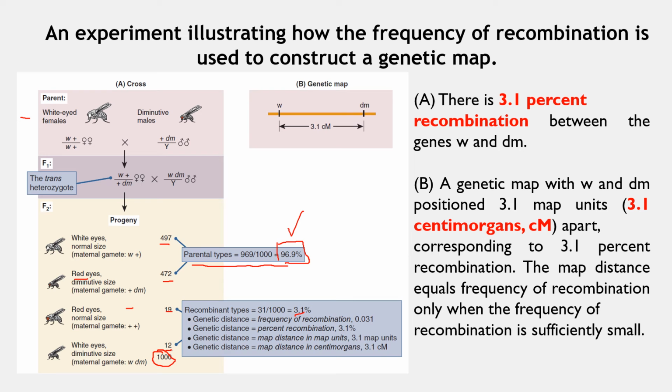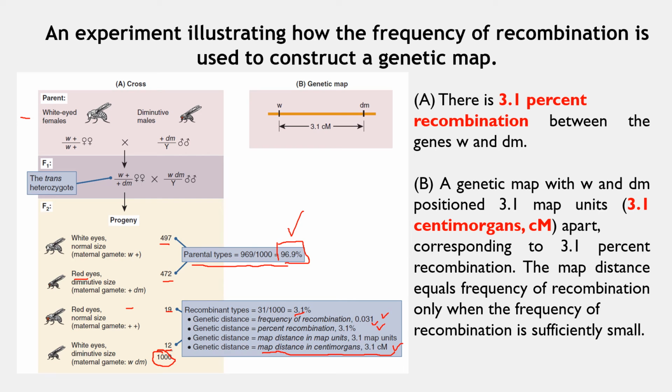And if you watch the video lecture, you will see that all these measurements are very similar. This is the one that they use for flies, for centimorgans, that use Morgan.